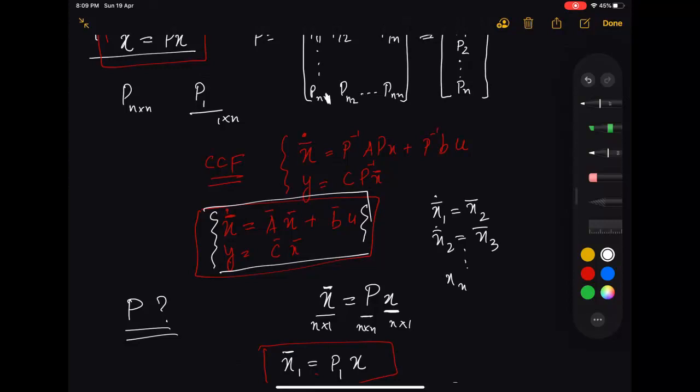xn bar dot, which is going to be a linear combination of, because here in the last equation you'll get all the states. So you'll get x1 bar, something into x1 bar. Let us write it more clearly.